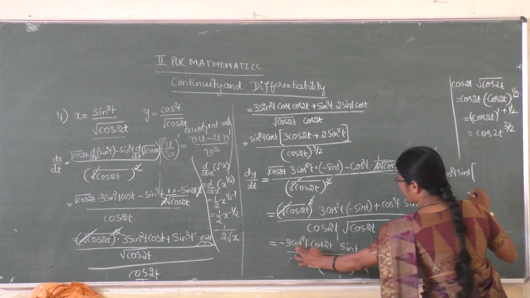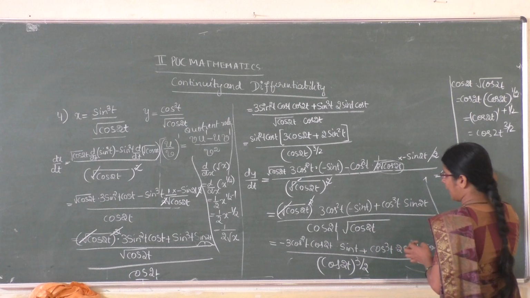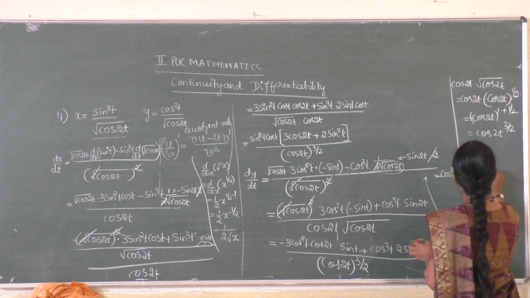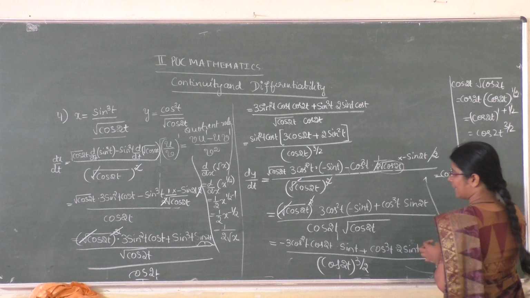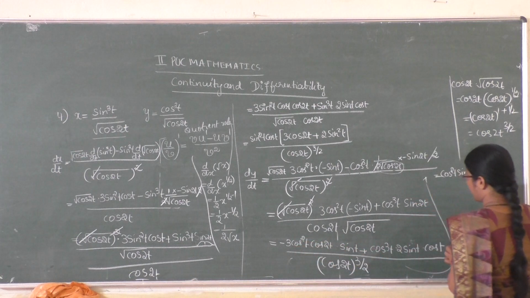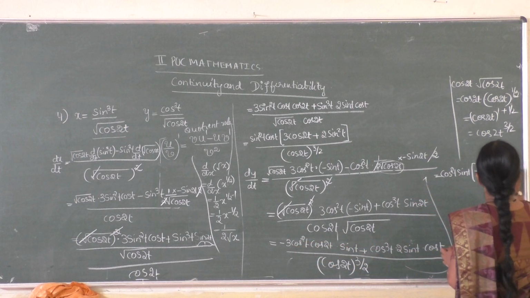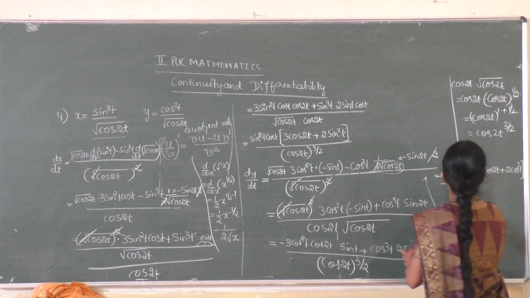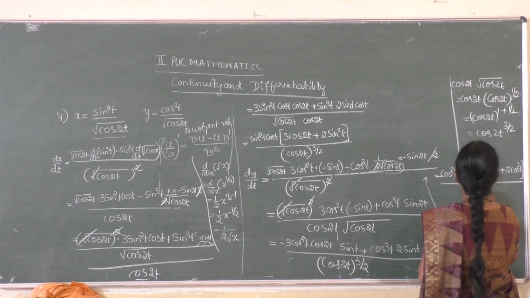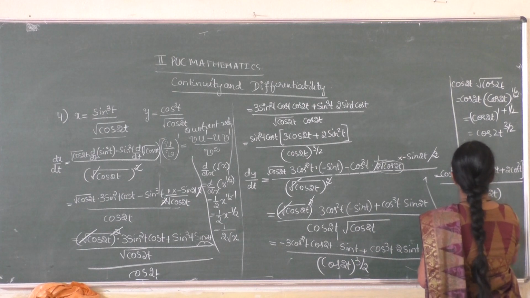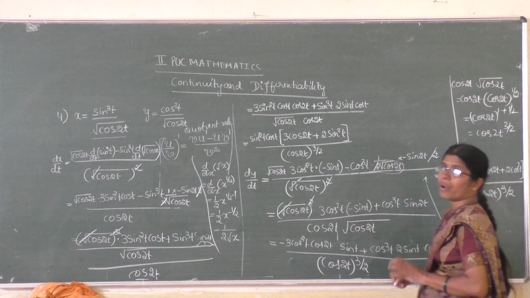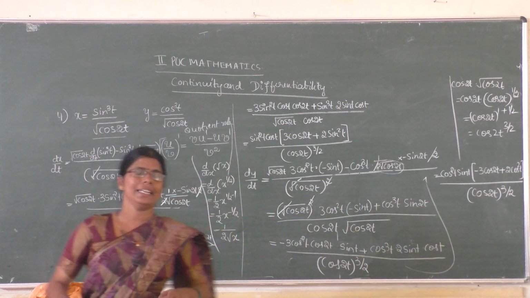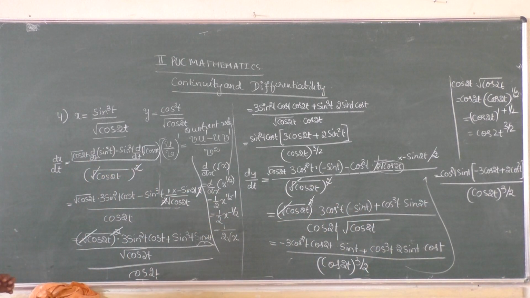Then we got minus 3 cos 2t plus 2 cos square t, correct? Divided by cos 2t to the power 3 by 2. So now we got dx by dt and dy by dt, okay.